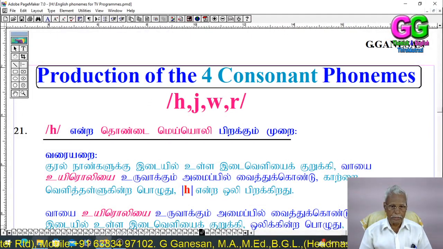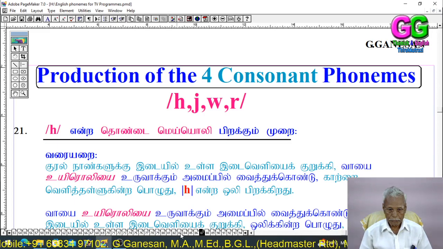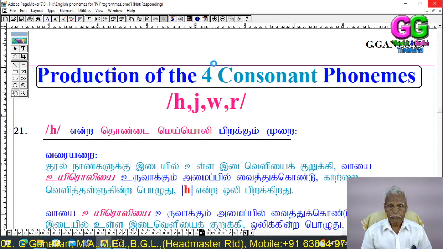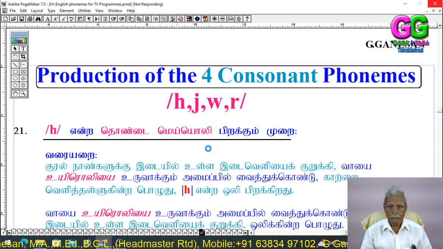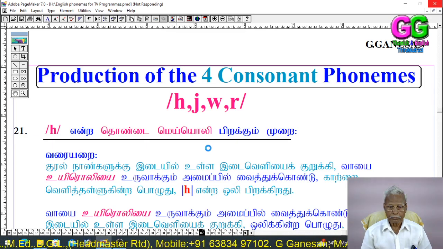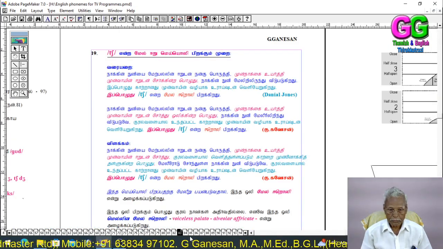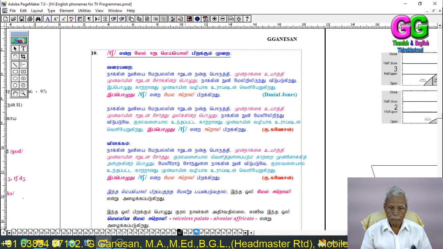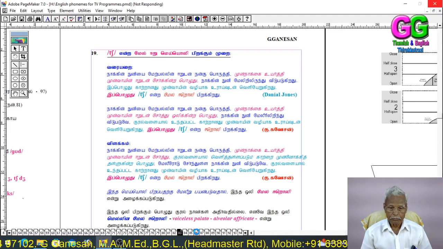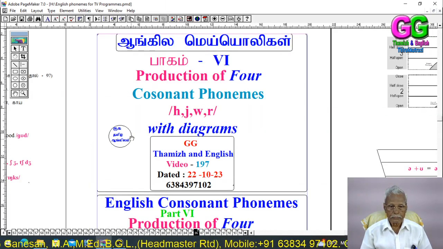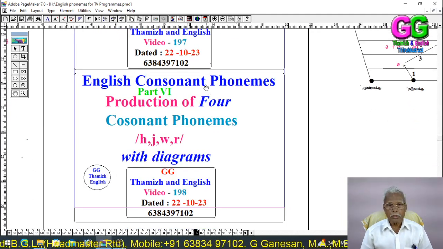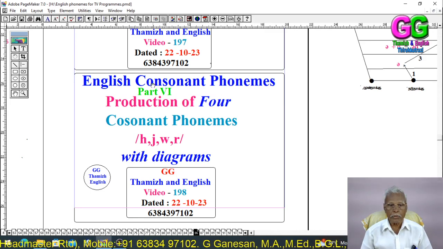Production of English consonant phonemes, part 6.